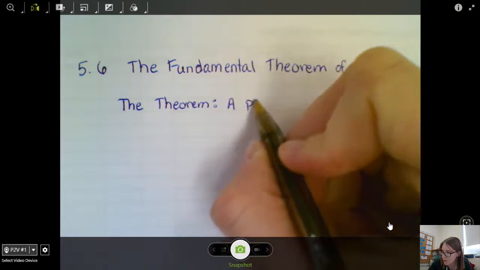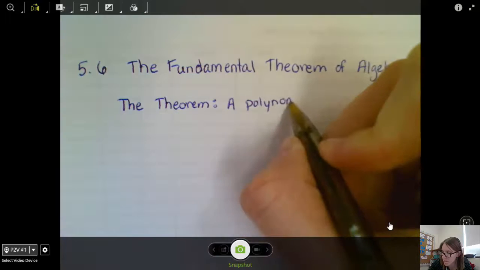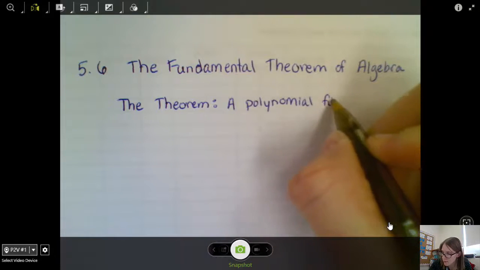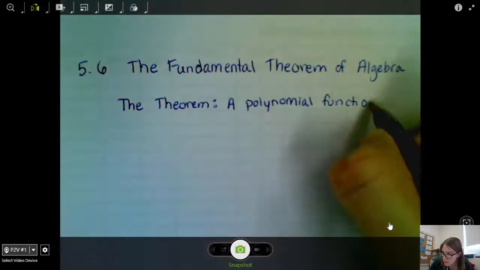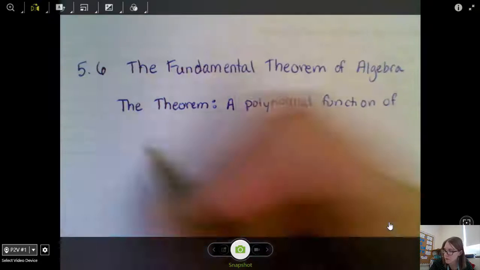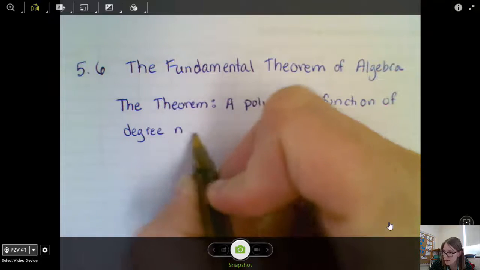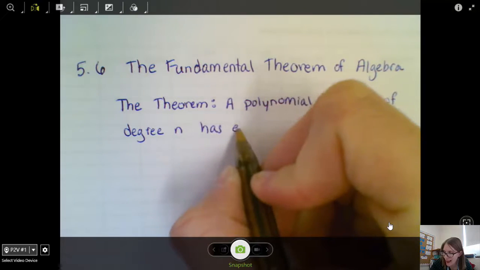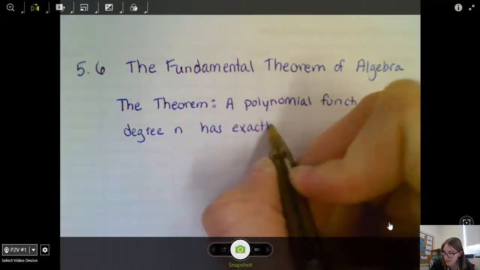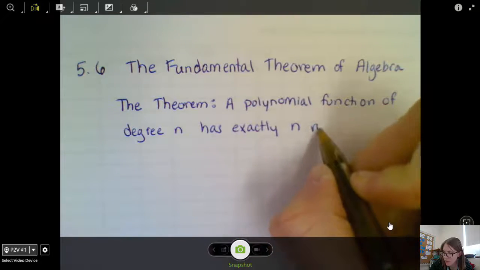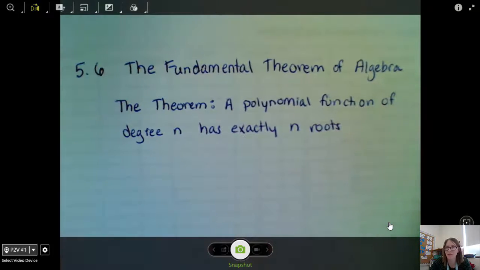A polynomial function of degree n has exactly n roots.